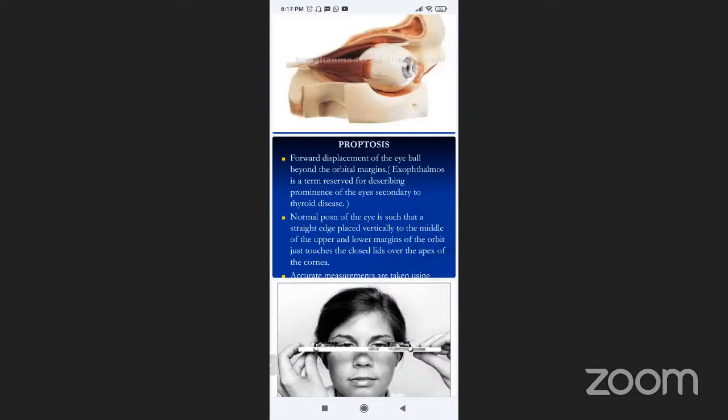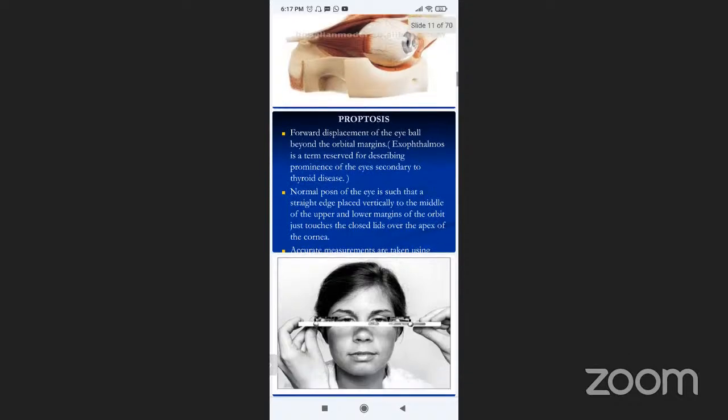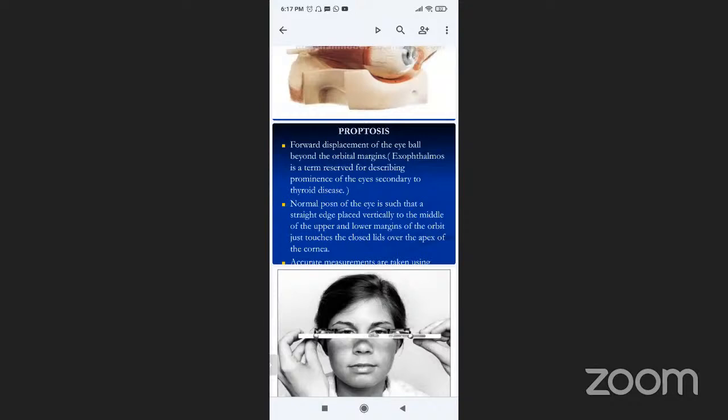That is in unilateral cases. If one eye is normal and the other eye is proptosed, how will you know which one is the proptosed eye? For that, ask the patient to sit on a stool, and the examiner should stand behind the patient, holding the patient's face between both hands.